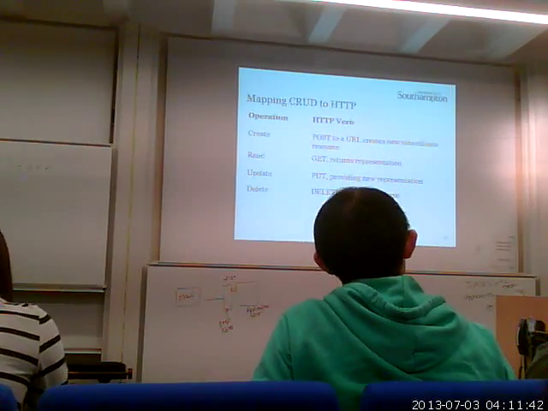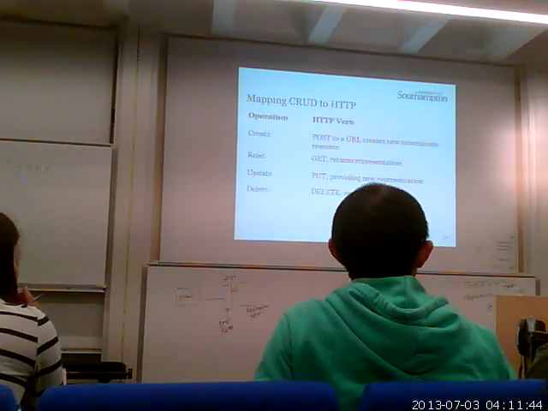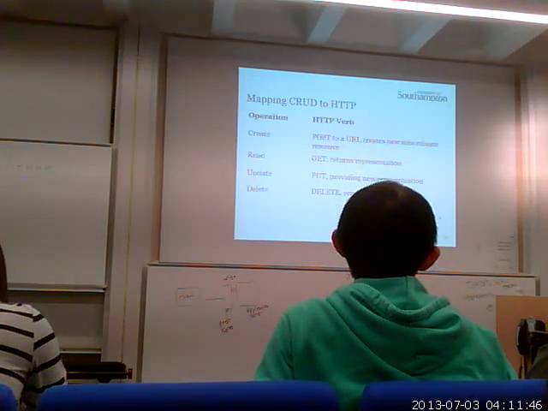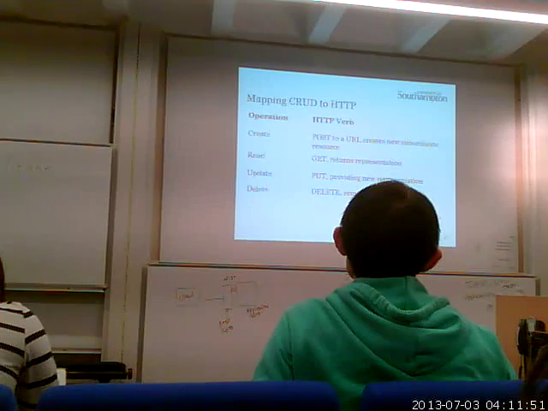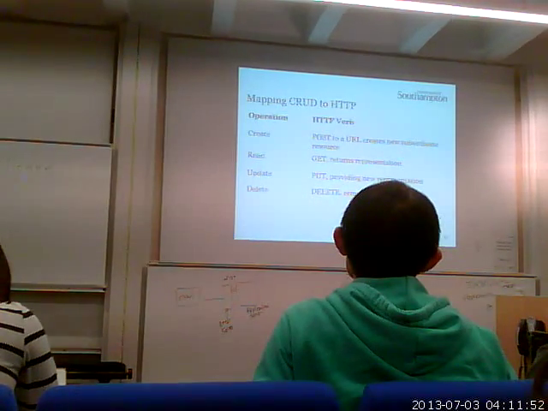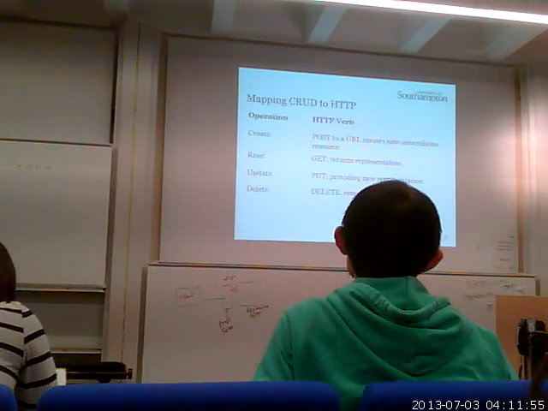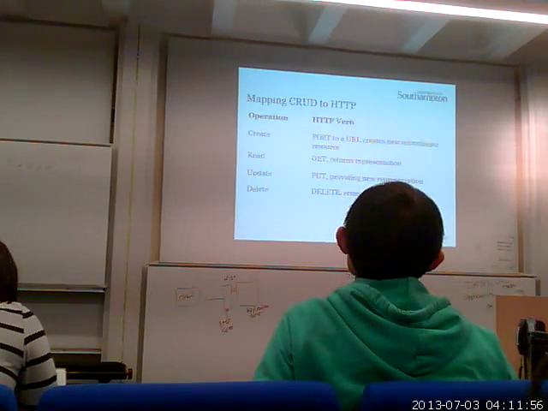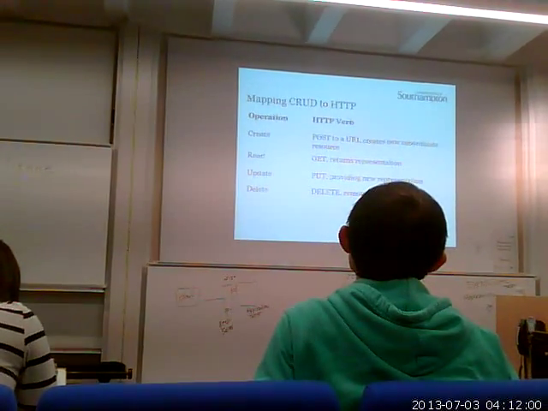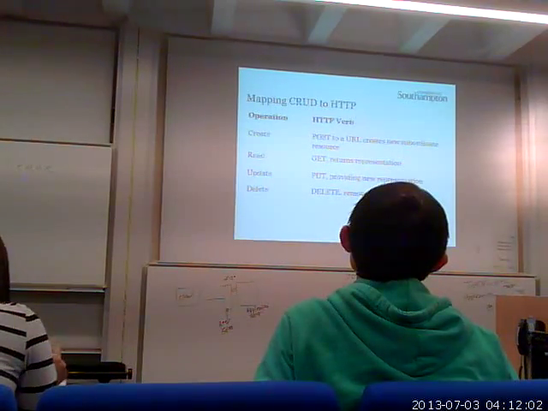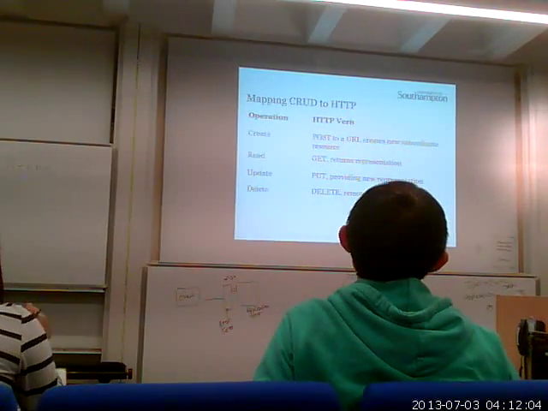Who's heard of CRUD? Okay, so CRUD is a term talked about in database modeling and database development that refers to modifications of data. So we can create data, we can read data, we can update the data, so it's not new, but we're changing the existing one, and we can delete data. There are 4 fundamental operations for the things you can do with data.